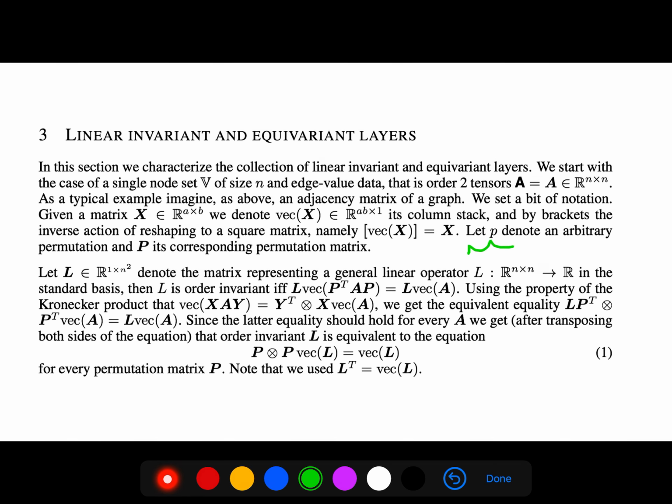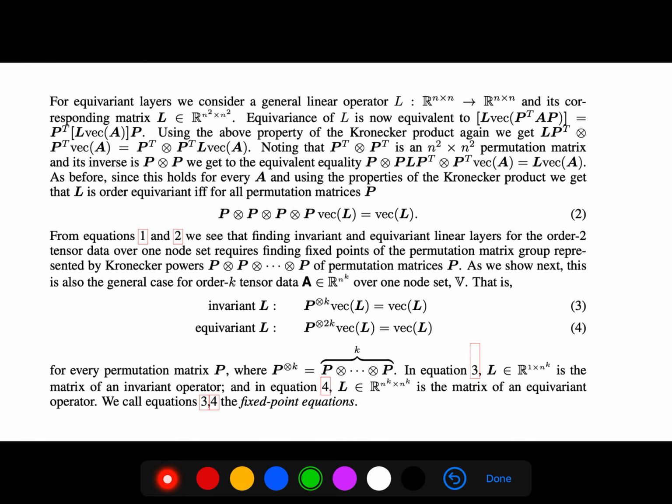So this L is this linear operator for the equivariant layer.